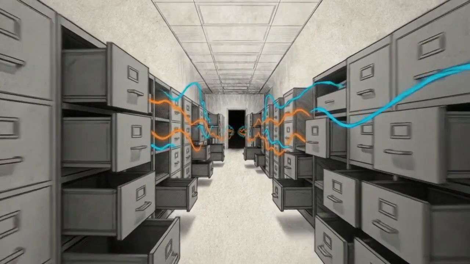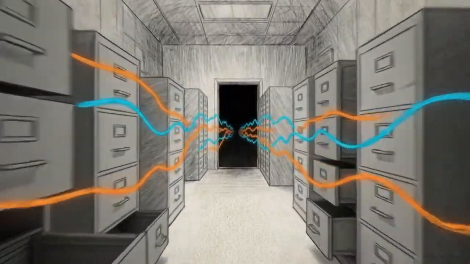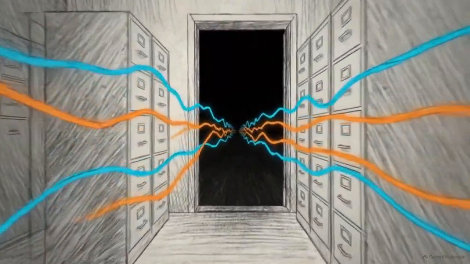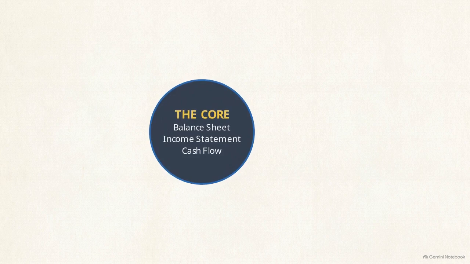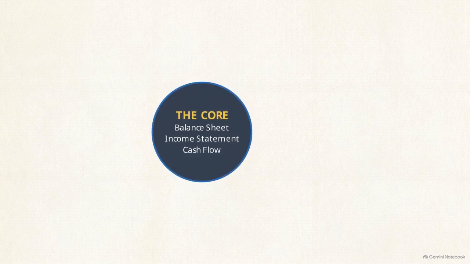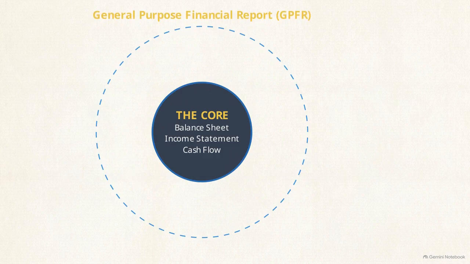If accountability is the primary objective, how does the physical structure of the financial report need to change? Look at this diagram. A standard balance sheet, income statement, and cash flow statement sit here at the core. But for a government, these traditional metrics only provide a partial picture. The IPSAS framework expands the reporting boundary outward to capture 3 additional datasets.